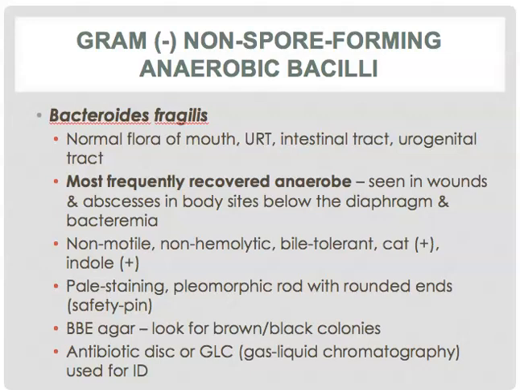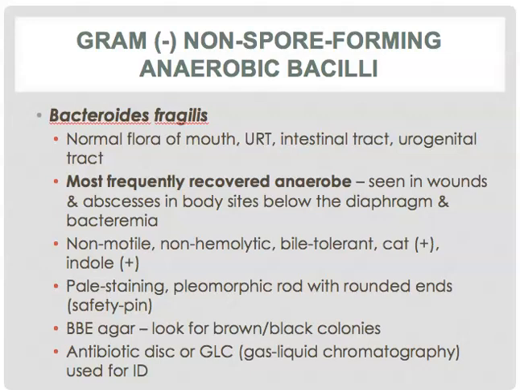Okay, moving on to our gram-negative anaerobic bacilli. So all gram-negative anaerobic bacilli are non-spore forming, often associated with peritoneal infections following some type of disruption of the GI lining. Bacteroides fragilis is the first one that we're going to talk about. It's normal flora of the mouth, upper respiratory tract, intestinal tract, and urogenital tract.